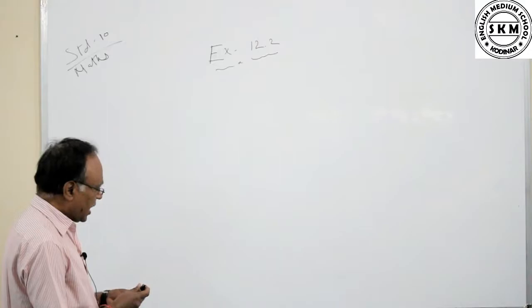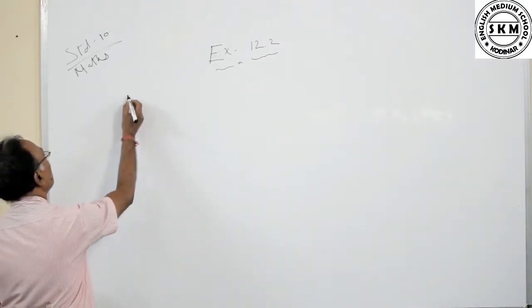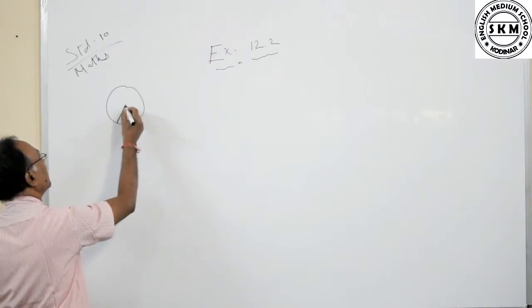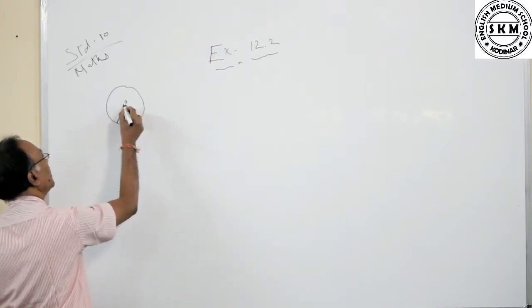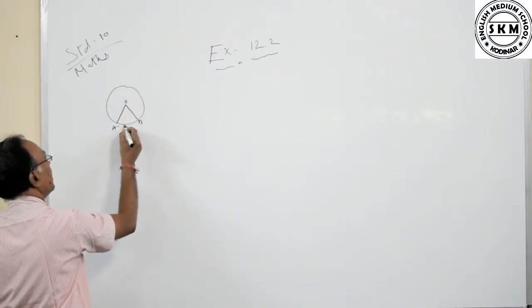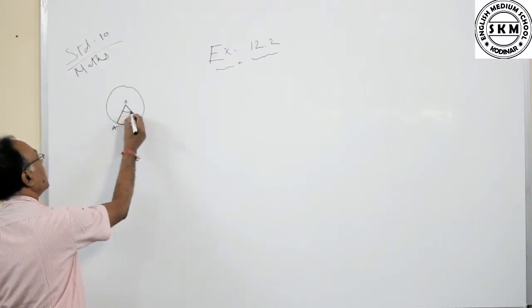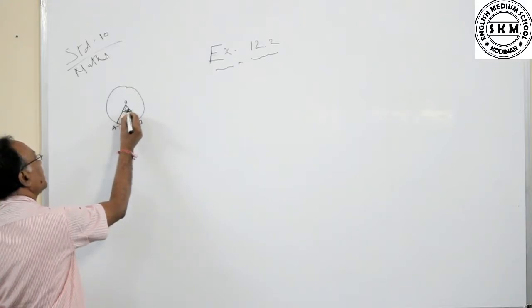Now I will discuss the formula of the sector. Here O is the center, AB is the minor arc, and the angle subtended at the center is given as 60 degrees.